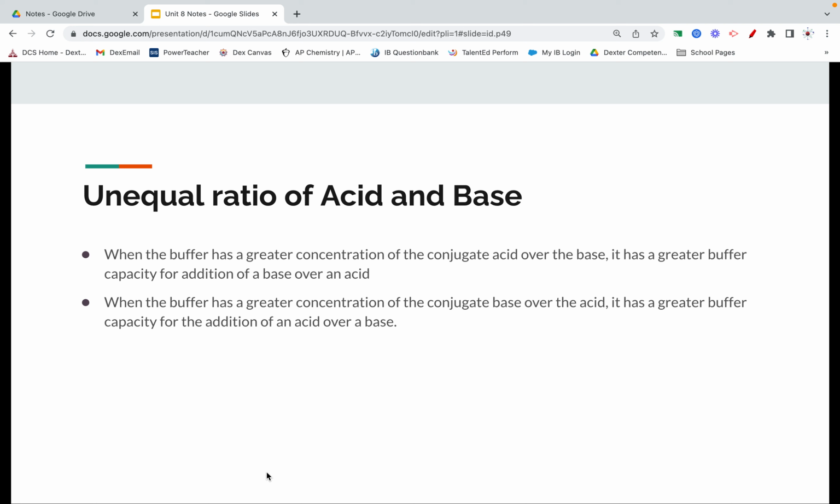You can create a buffer solution that is specifically geared towards buffering an acid or a base. If you want to buffer an acid more than you would buffer a base, you're going to make sure that you have a greater concentration of the conjugate base in your buffer.